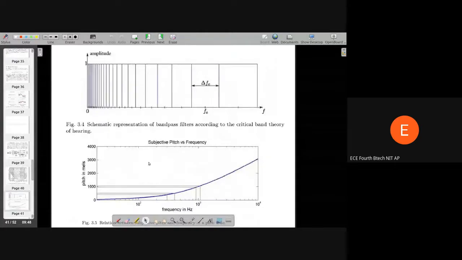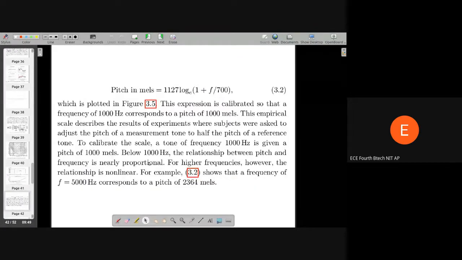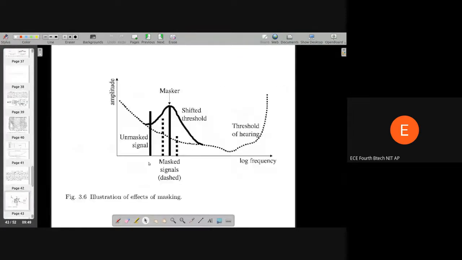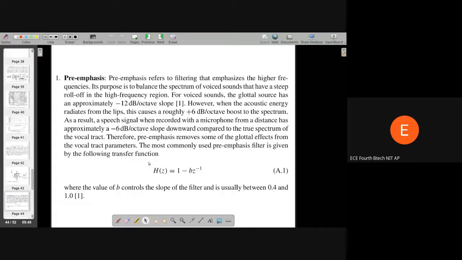We discussed the critical band theory, and the subjective pitch or frequency scale of the human ear, which is represented by the mel filter bank. We discussed masking, particularly frequency domain masking, and saw videos regarding that. We discussed why pre-emphasis is required: to overcome the spectral slope of voiced regions of the speech signal. Even LP analysis we do after pre-emphasis.